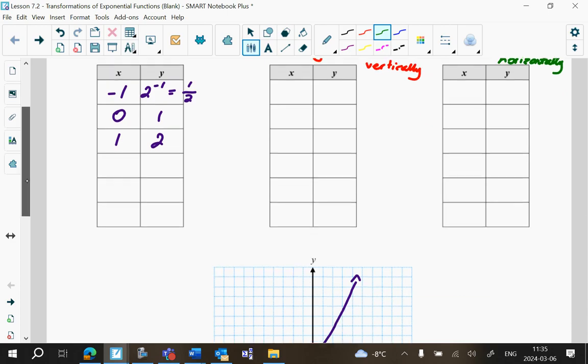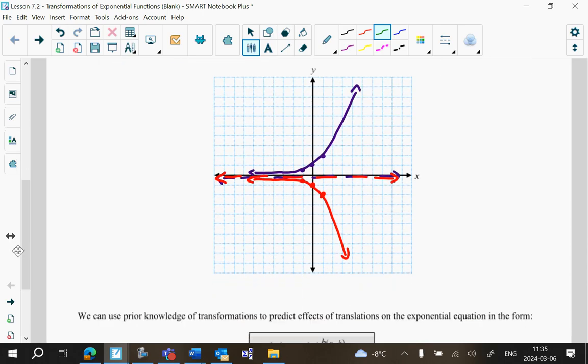So go back to the purple one and flip it horizontally. So now we've got to think how far it is horizontally away from the y-axis. This is 1 to the right, so when we flip it, it goes 1 to the left. This is right on the y-axis, so when we flip it, it stays where it is. This is 1 to the left, so it goes 1 to the right.